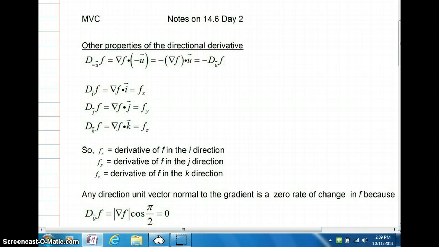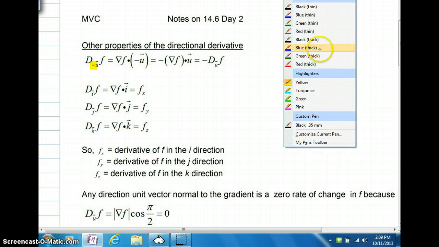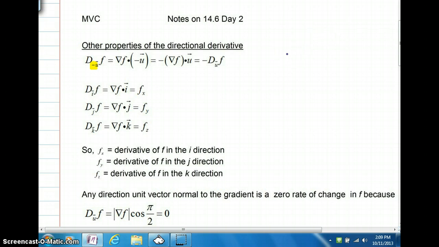Notice that this subscript might be a little hard to see. What if we had the derivative in the direction of the opposite of u? The directional derivative we learned yesterday is the gradient dot producted with a unit vector. So what if our unit vector is actually the opposite of u?